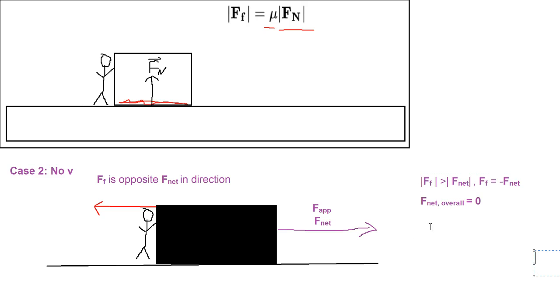Now, the other case is if the frictional force, or the maximum magnitude of the frictional force, is smaller than our original net force for all the other forces present.